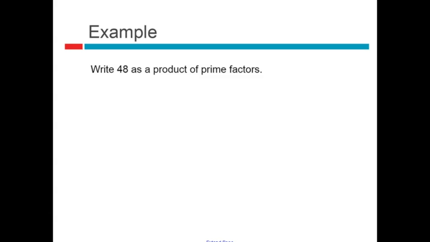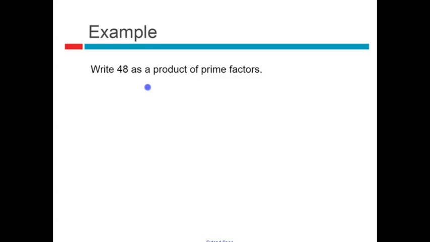So what I want to do is write 48 as a product of prime factors. I'm looking for factors that are prime, like 2, 3, 5, 7, and so on. One way to work on this type of problem is to do what's called a factor tree.